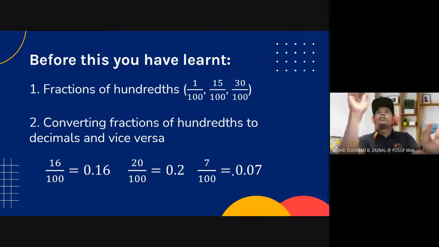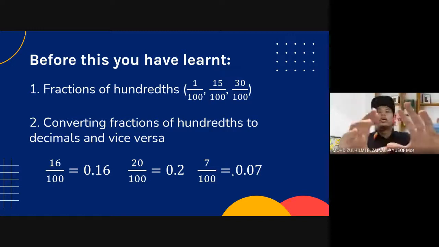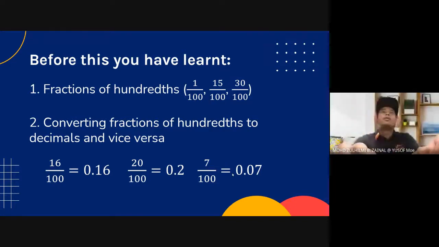Dia ada ejaan dia, hundredths. Dalam bahasa kita panggil per 10, per 100, per 1000. In English we call it hundredths, fraction of 100. Maksudnya fraction tu kita panggil 1 of hundredths, 15 of hundredths, 30 of hundredths.